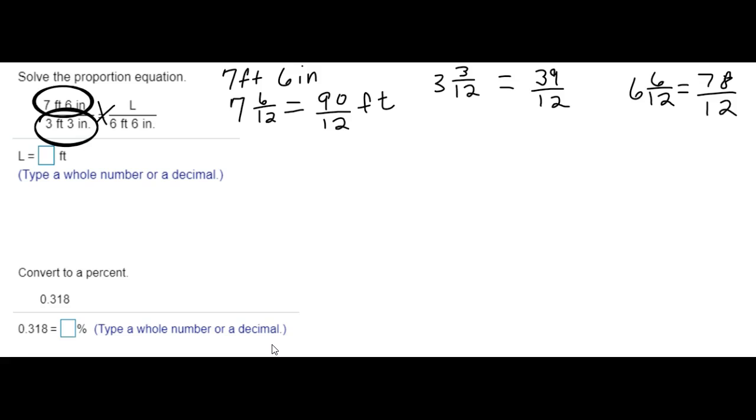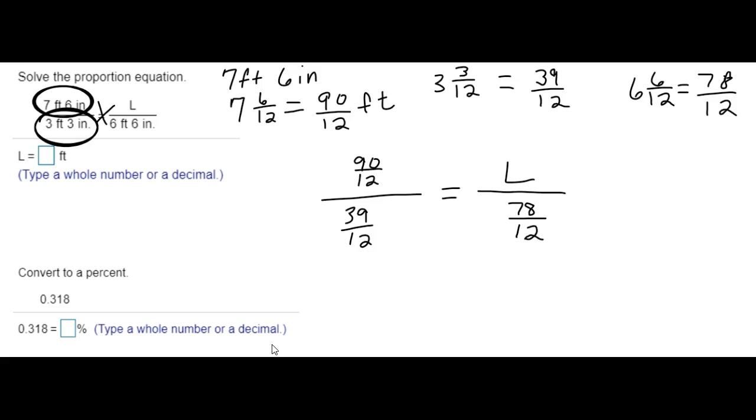And so now we can write this together as a proportion. 7 foot 6 inches was 90 divided by 12 over 3 foot 3 inches is 39 over 12, and that fraction is equal to L, we do not know, over 6 foot 6 inches that we determined was 78 over 12.